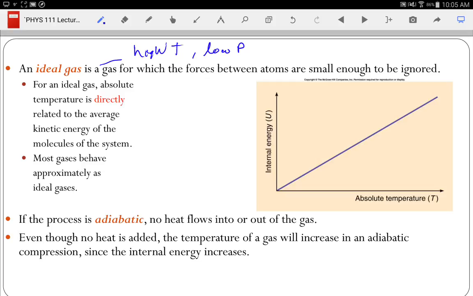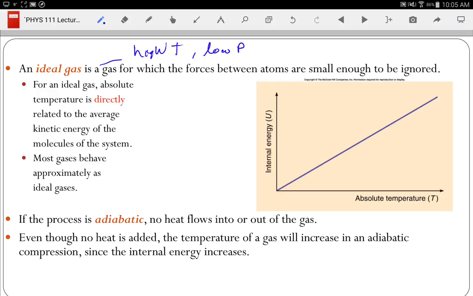The boiling temperature for nitrogen is 77 kelvins. Room temperature is way above that, hence room temperature is high temperature compared to the boiling temperature of nitrogen. So air behaves as an ideal gas at room temperature, provided you have a reasonably low pressure. If you have room temperature but 100 atmospheres of pressure, that's 100 times the atmospheric pressure we normally have, and that's not going to be ideal.